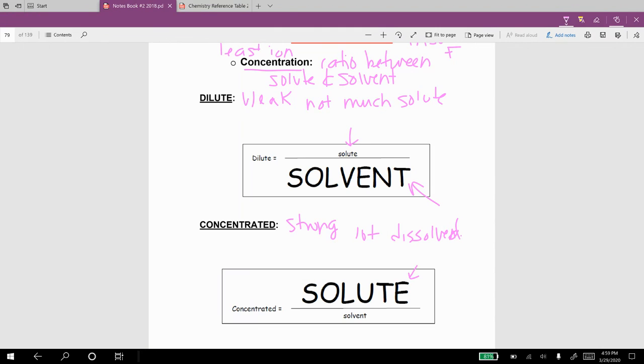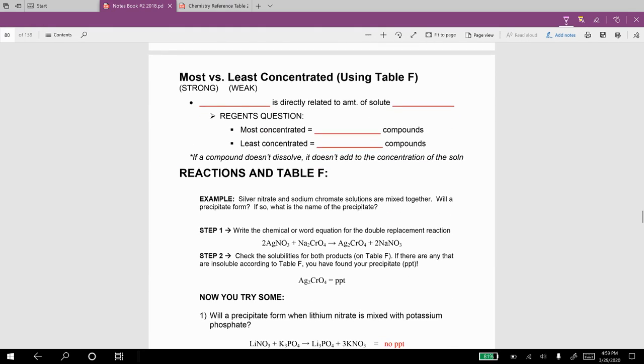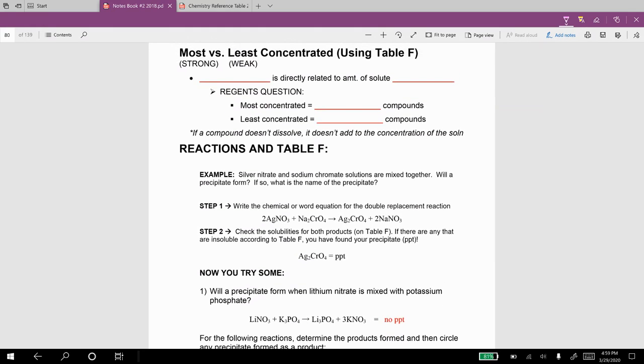I have a lot of sugar in a tiny little amount of solvent. This is where you could make something like rock candy, if you've ever made that, which is amazing and delicious.